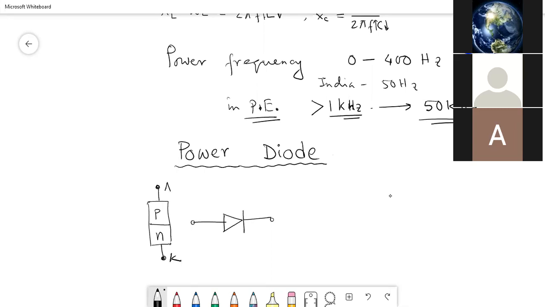Correct. So this portion is the cathode and this is the anode. This is the symbol of a diode.